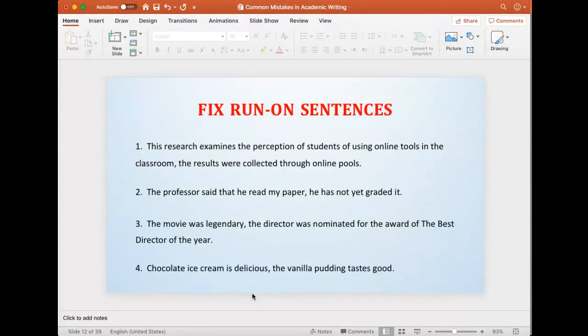So read those sentences and find out how we can correct them using those four strategies that we just learned, and just share your answers in the chat box. Tell me, how did you solve them?